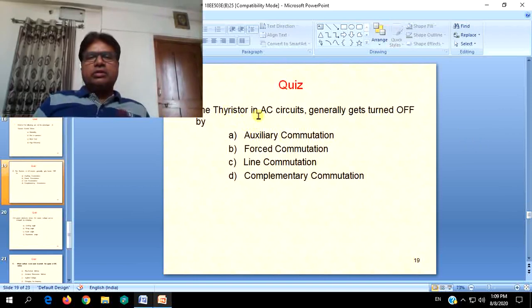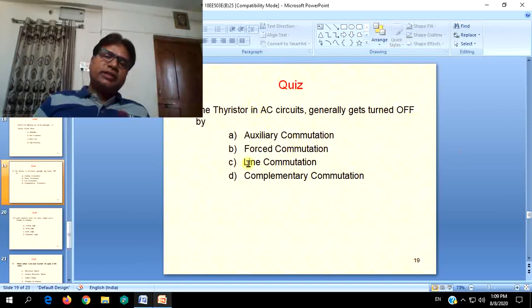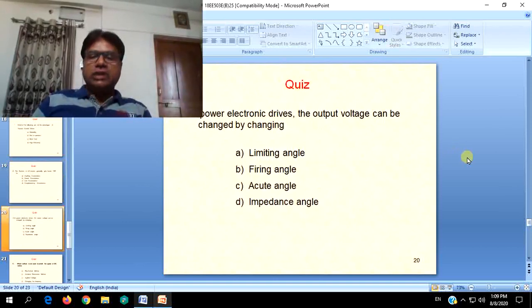In thyristor or power electronic AC circuits, the thyristor generally gets turned off by, obviously, since AC circuits, line commutation or natural commutation. In power electronic drives, the output voltage can be changed by changing, obviously, the firing angle alpha, or simply the phase control technique.